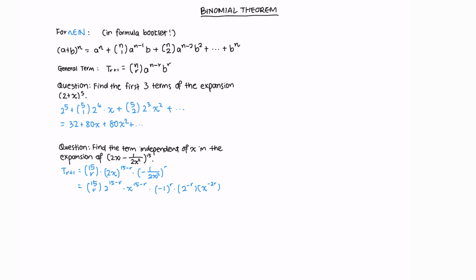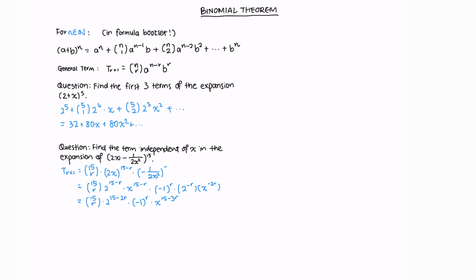Simplifying this, let's combine the 2's together. We'll get 2 to the power of 15 minus 2r times negative 1 to the power of r times x to the power of 15 minus 3r. And here, this is where we find out what r is. We want the term independent of x, which means 15 minus 3r equals 0.